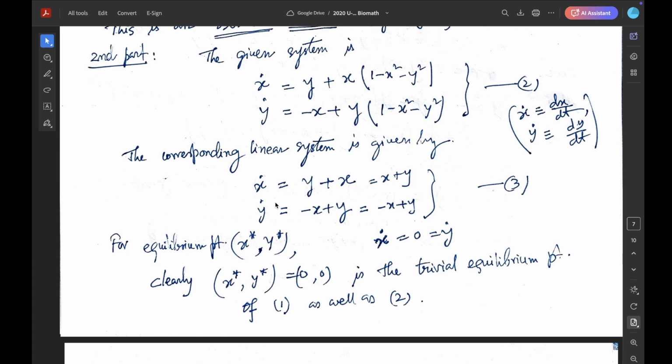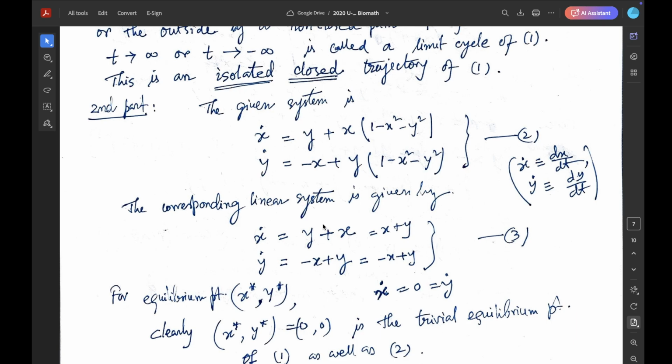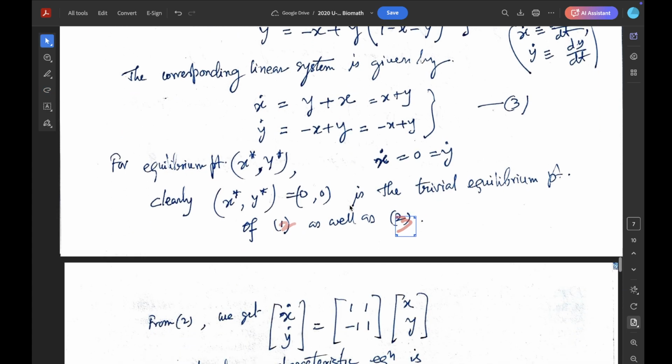So clearly (x star, y star) equal to (0, 0) is the only trivial equilibrium point of the nonlinear system 2 as well as the corresponding linear system 3.